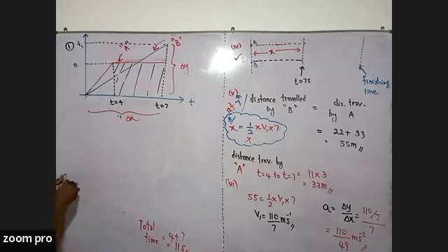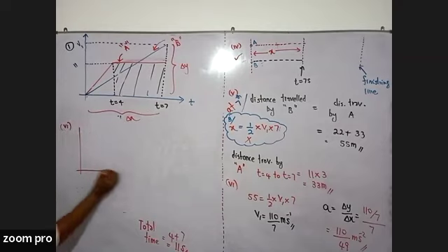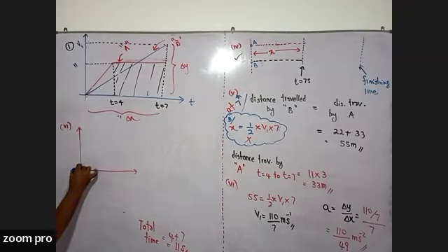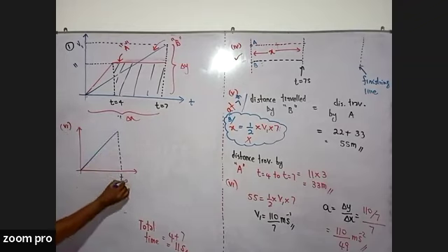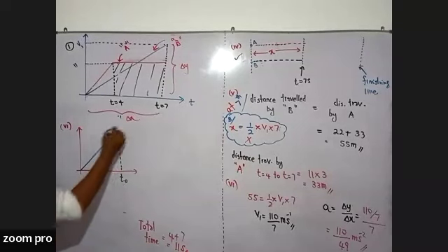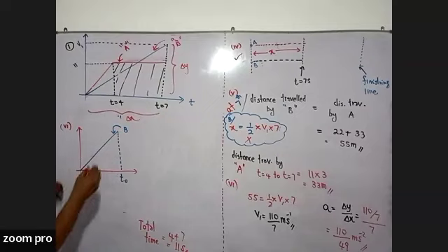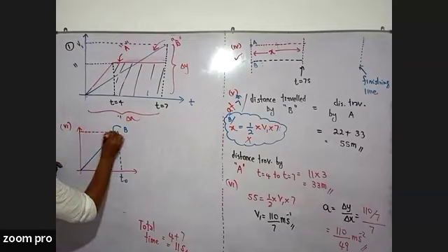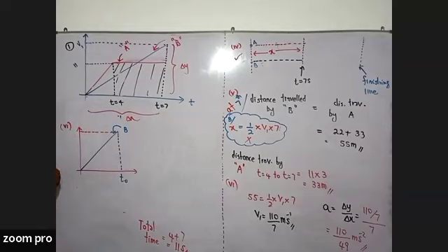So if I draw another diagram, these are not essential for you, but I'm using these diagrams to explain this answer very clearly. Let's assume that the person completes the race at time T naught; this is the diagram for B. Let's assume the velocity when he just passes the finishing line is V2.